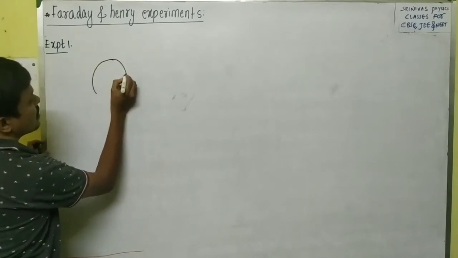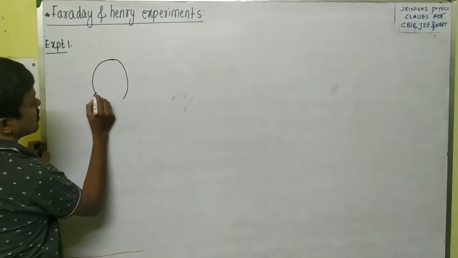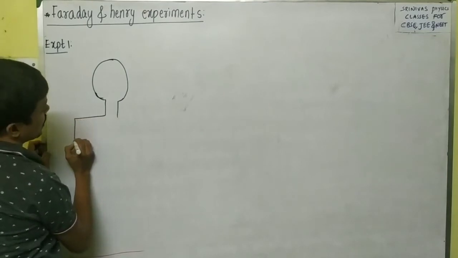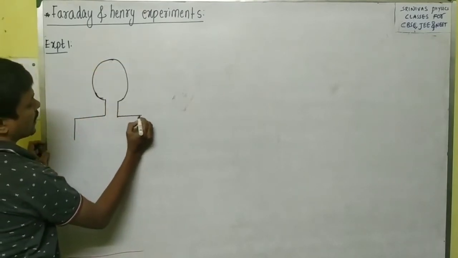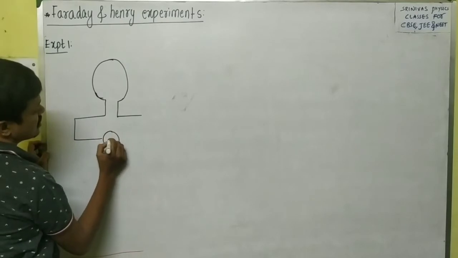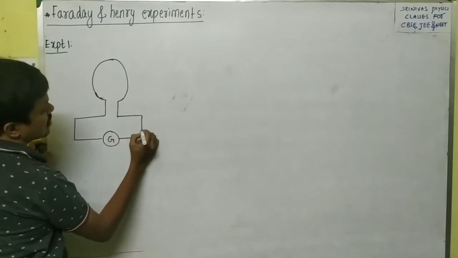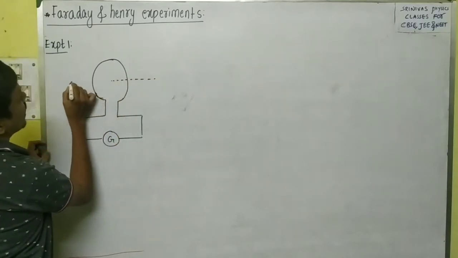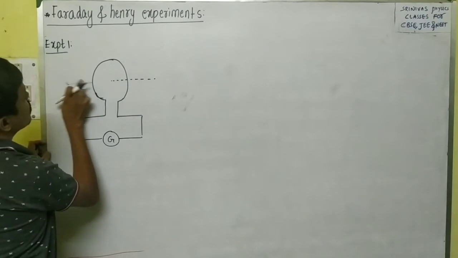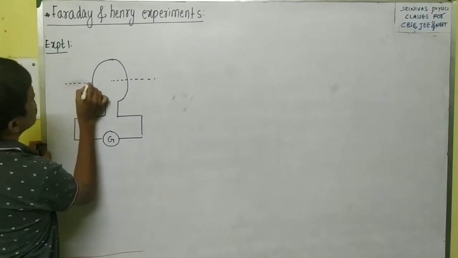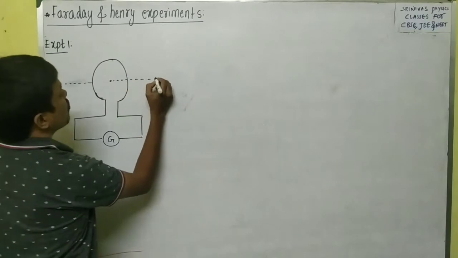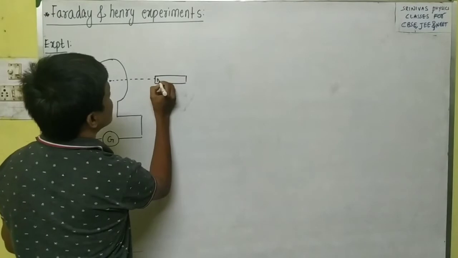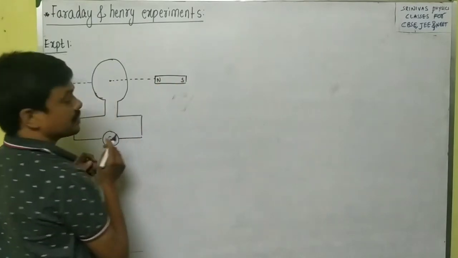coil. This coil, or wire loop, is connected to one galvanometer, and one magnet is moved along the axis, either towards or away.